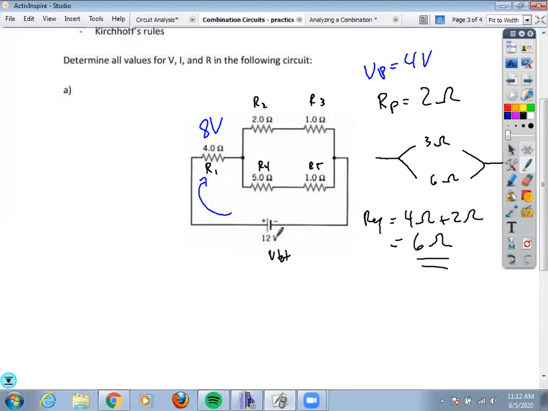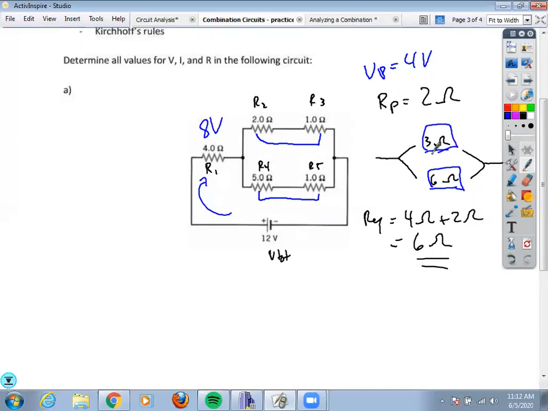So now 4 volts goes across the top and 4 volts goes across the bottom. We can't go right to V2, V3, V4, V5. What we have to do is use the parallel. They're in series, so really, 4 volts goes across 3 ohms and 4 volts goes across 6 ohms. Why is this important?